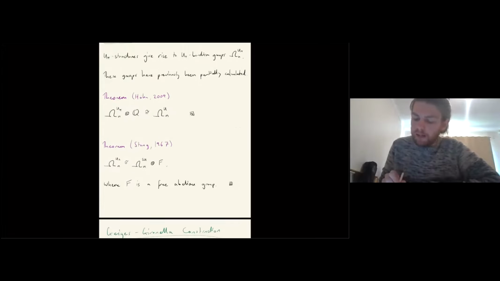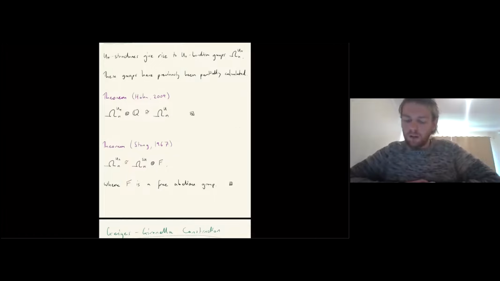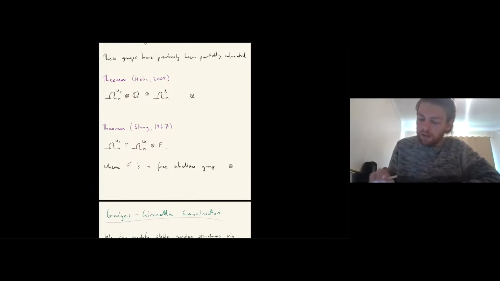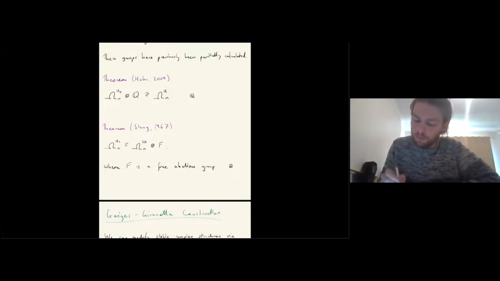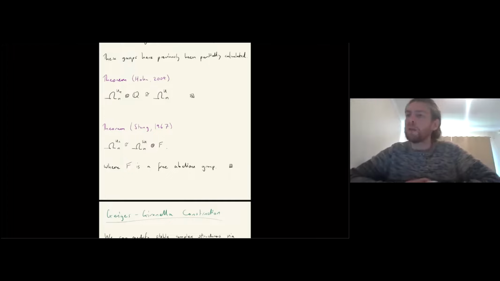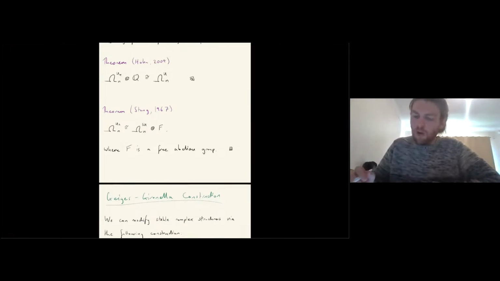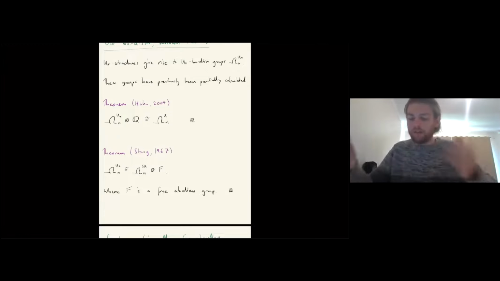And then back in the 60s, Stong had a look at the alpha equals 2 case pretty extensively, and found that n-dimensional U2 bordism is just n-dimensional SU bordism, direct sum with some free abelian group. So our plan is to try and calculate this integrally for all alpha.